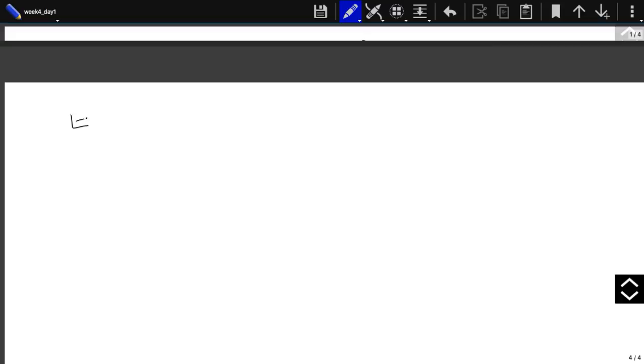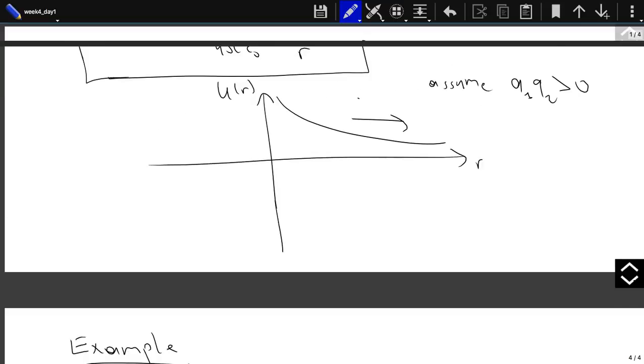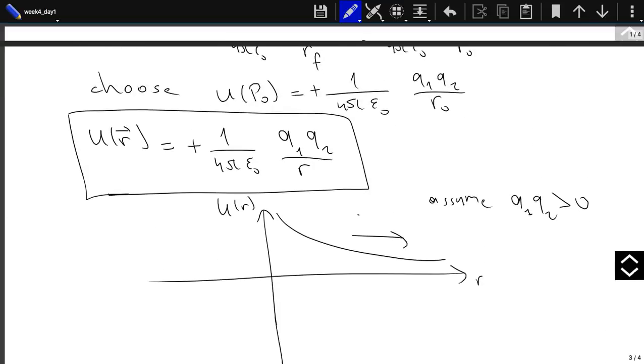Now let's continue with our example of the potential energy. We had determined the potential energy between two charges separated by a distance r.